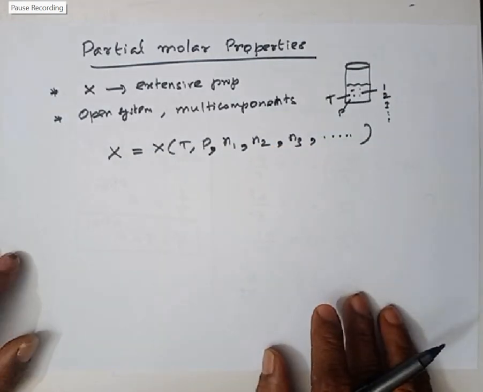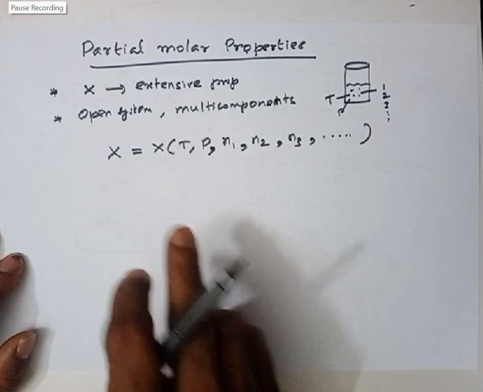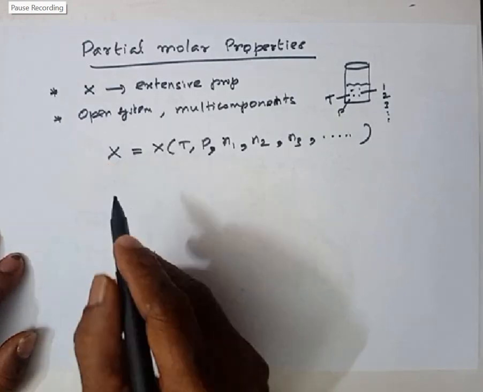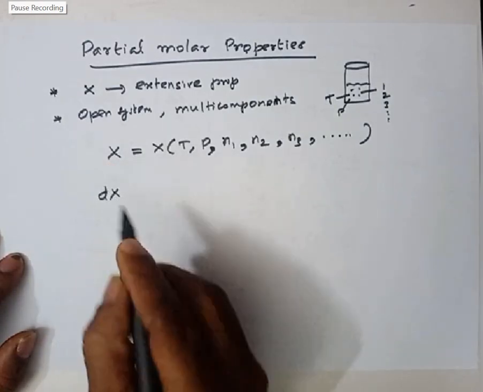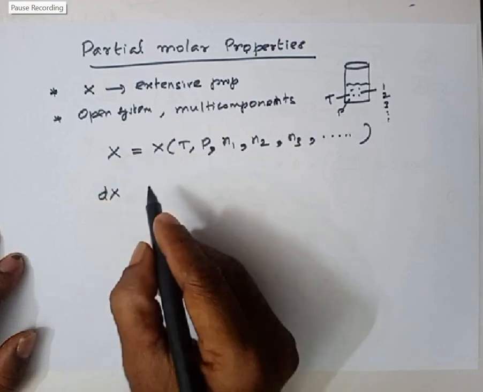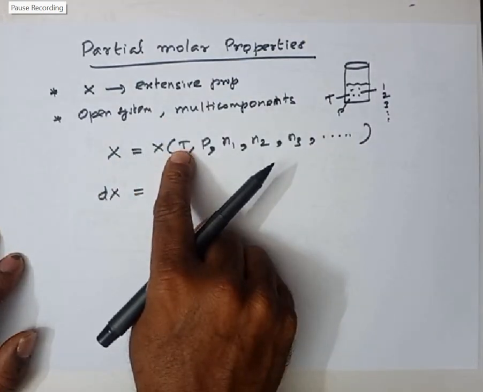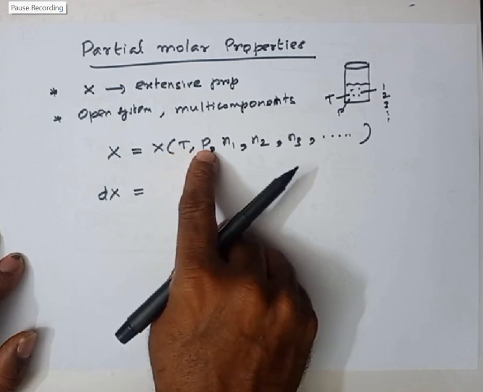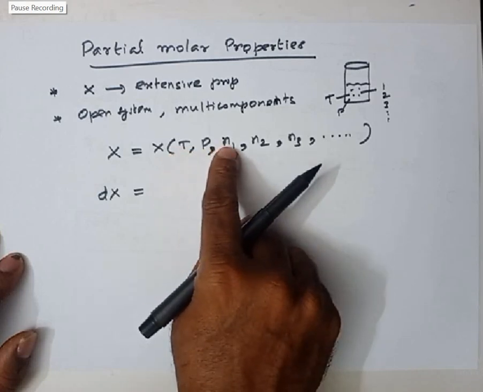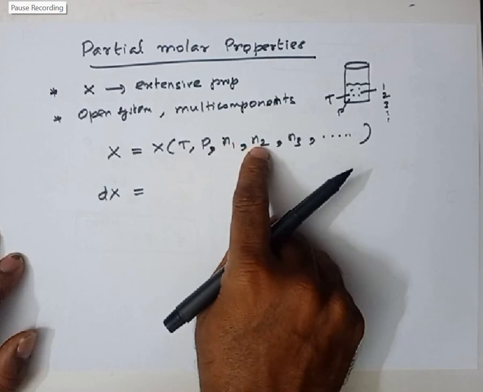Now observe this carefully. If there is any change in X, the change occurs either due to change in temperature, or change in pressure, or change in number of moles of component 1 or number of moles of component 2.